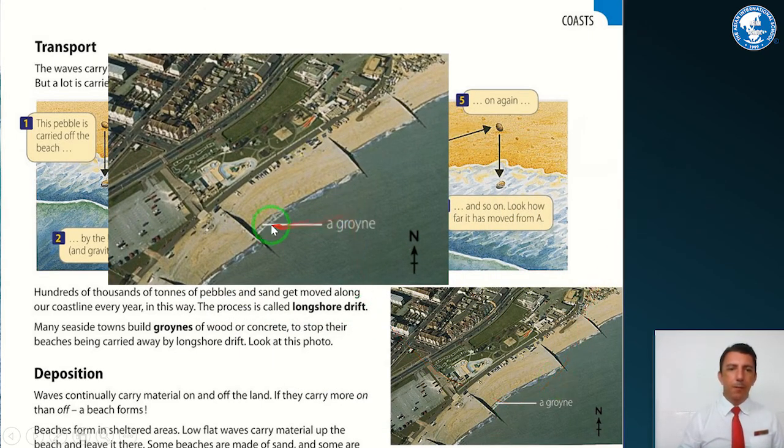In this photograph, these are the groins here, and they're built across the beach out to sea, and they stop the sand moving up the beach. They catch the sand, and they stop it being carried away by longshore drift.